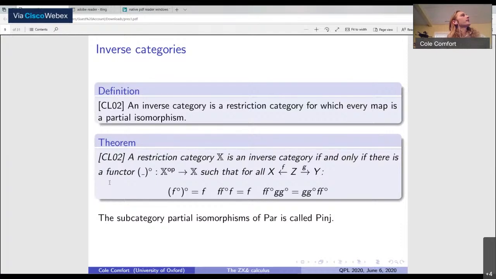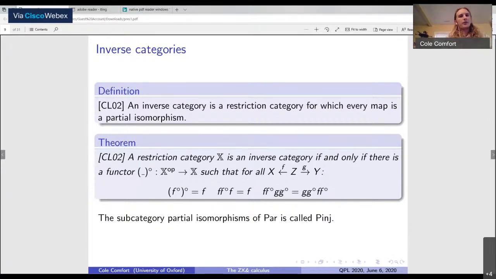So if you consider a restriction category in which every map is a partial isomorphism, then Cockett and Lack called this an inverse category. And there's a really nice presentation of inverse categories in terms of having a Dagger functor satisfying these extra 2 equations.